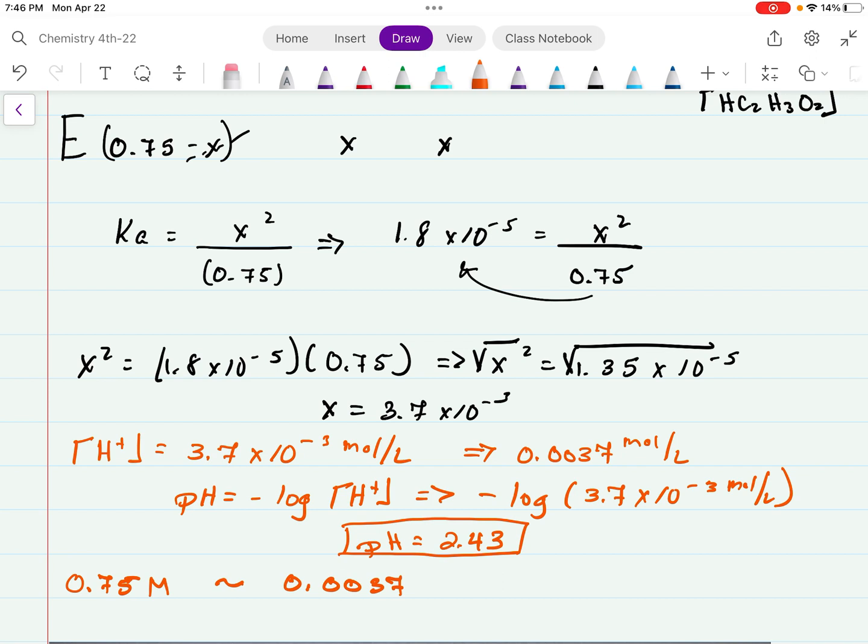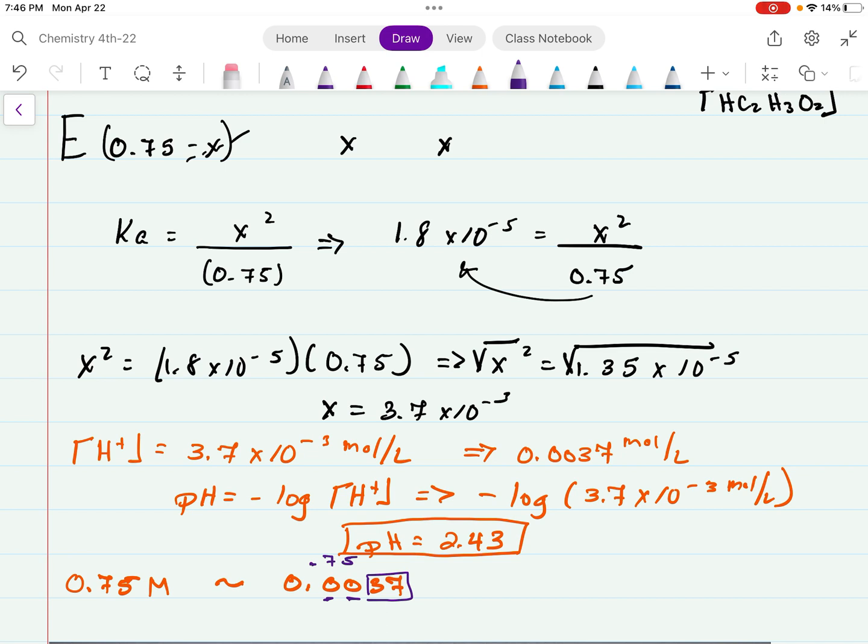Okay. Now, what we see here is that the value of the calculated X is in fact 1/10 smaller, because if you take a look at the starting concentration of the acid, it's here, 0.075. Now, the change in the value of X is here.